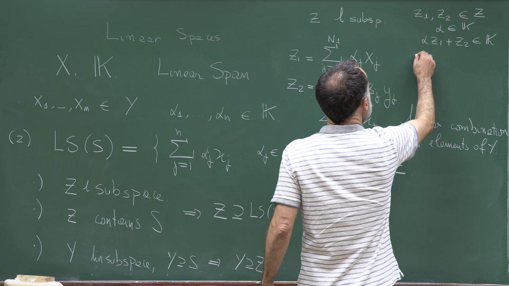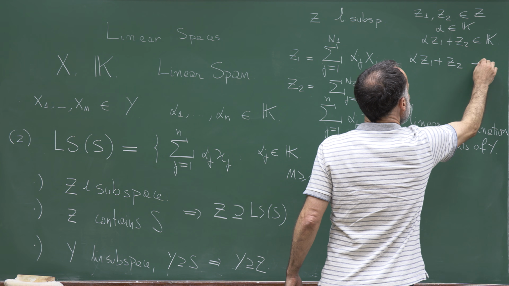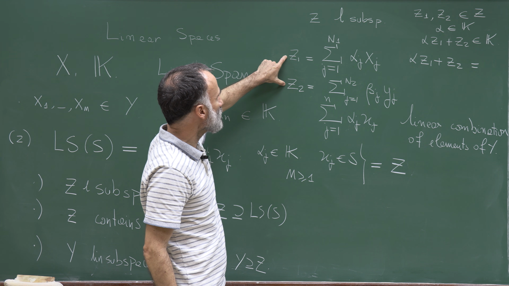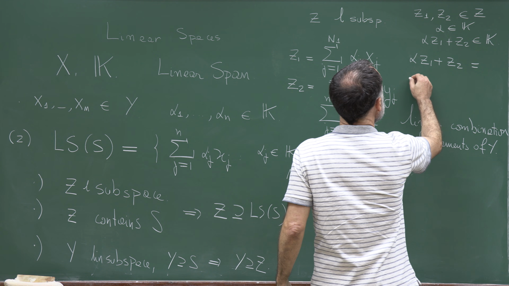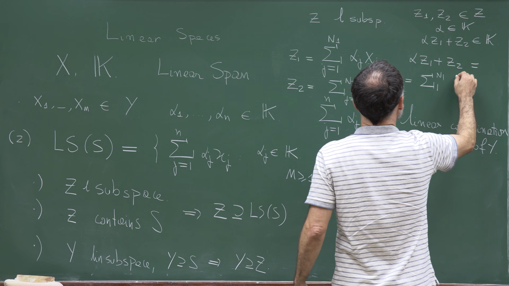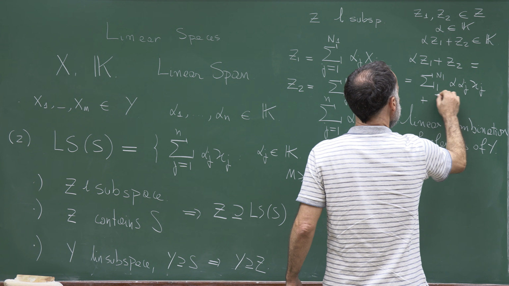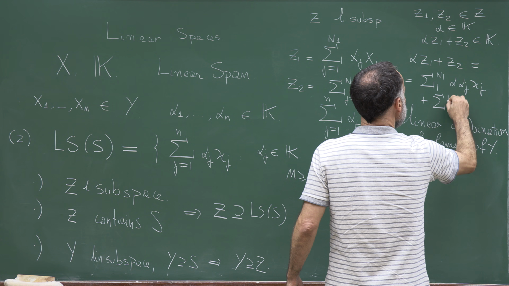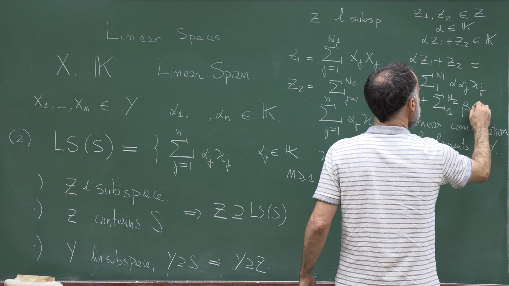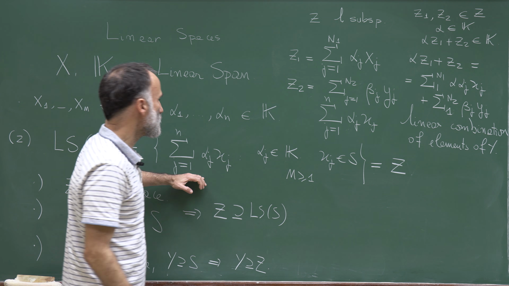And now alpha Z1 plus Z2 is equal, well, I'm multiplying Z1 by alpha and adding Z2. So that will be equal to a sum from 1 to N1 of alpha alpha j xj plus a sum from 1 to N2 of beta j yj. And this has this form.